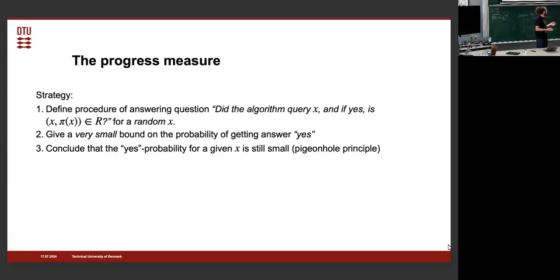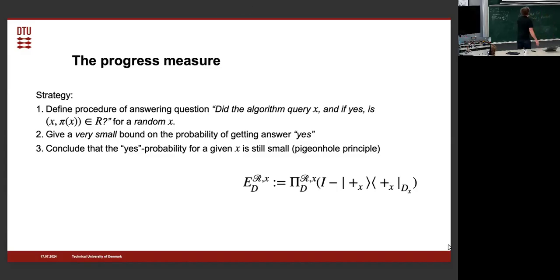If I have an expectation over this randomly chosen x, I will only find that the corresponding input-output pair was learned by the algorithm and is in the relation with probability 1 over 2 to the 2n, let's say, then I can still conclude that it can be at most 1 over 2 to the n for a given x.